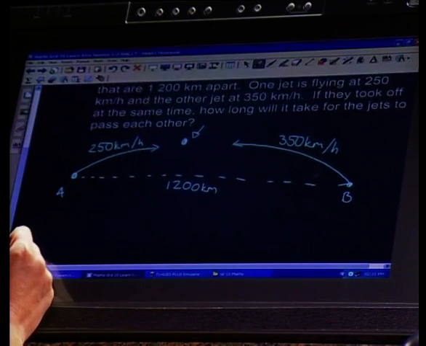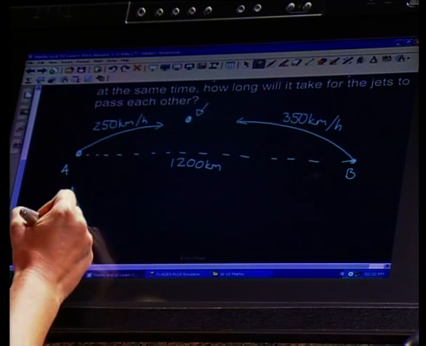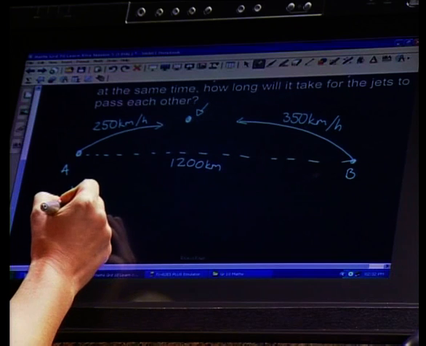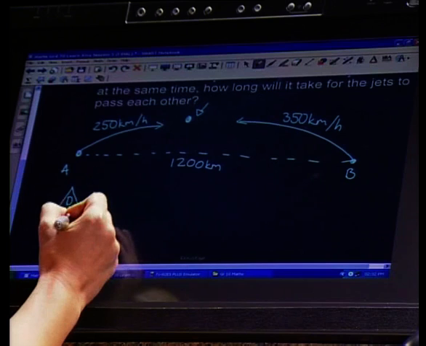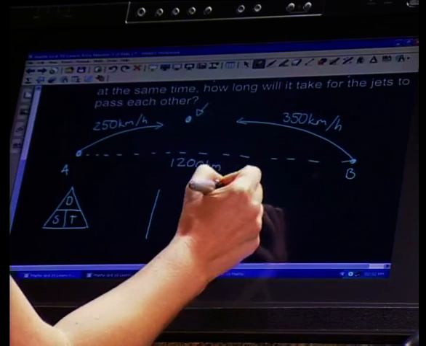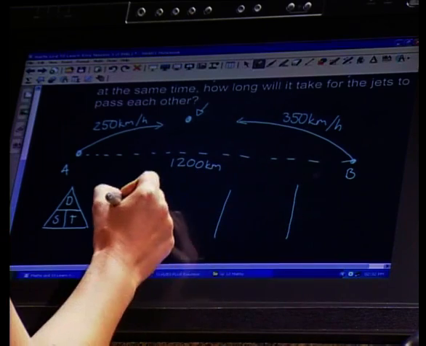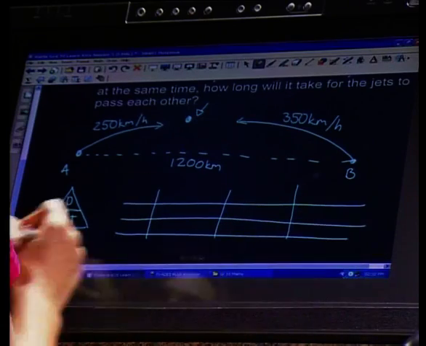Okay, the first thing I'm going to do is remind us what the triangle looks like. There it is, and speed is equal to distance divided by time. Next, let's draw the table, and there it is.